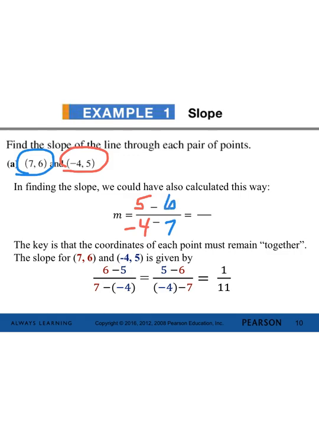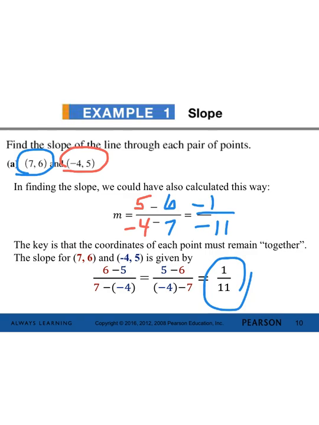You say, but you're going to get a different answer. Well, no, you don't, because 6 minus 5 and 5 minus 6 are the same thing. There's a difference of 1. In the last case, that was a positive difference. This time it's a negative difference. And negative 4 minus 7 is negative 11. And negative 1 over negative 11, the negative cancels the negative, and you still come out with 1 over 11.